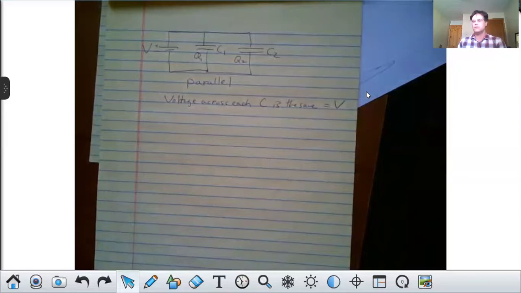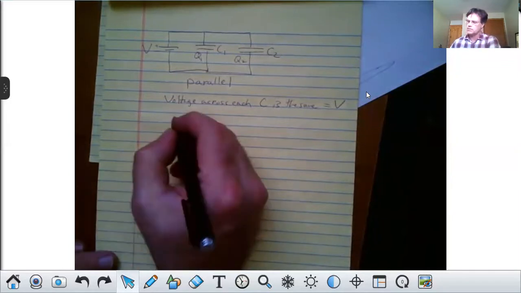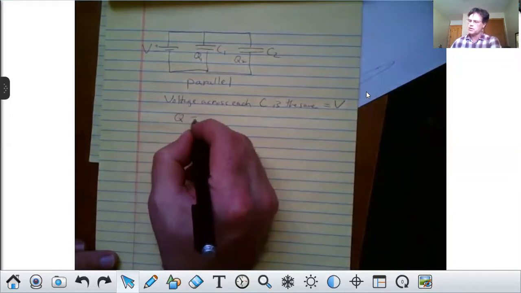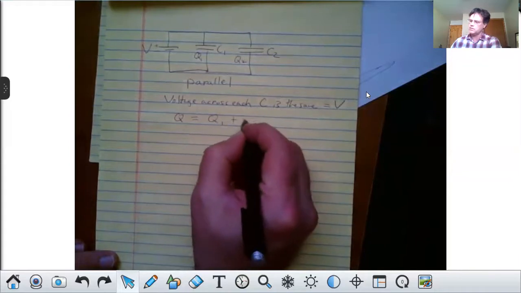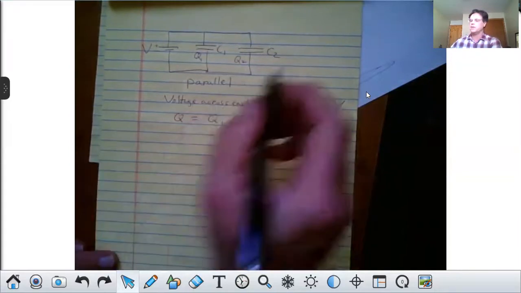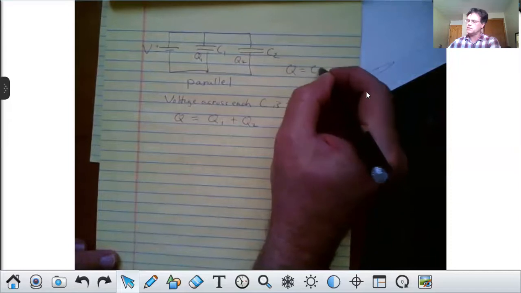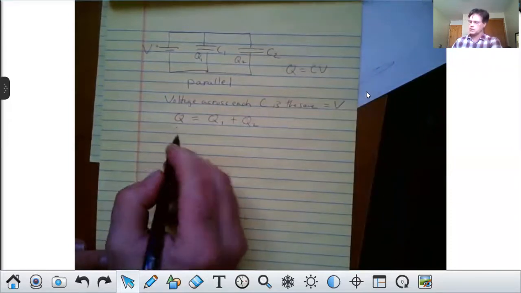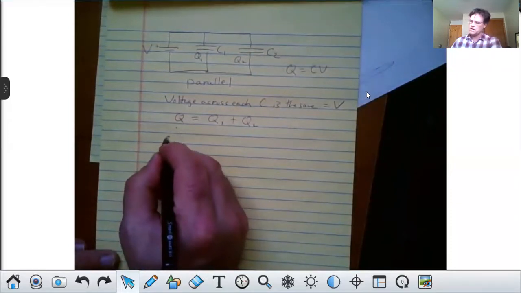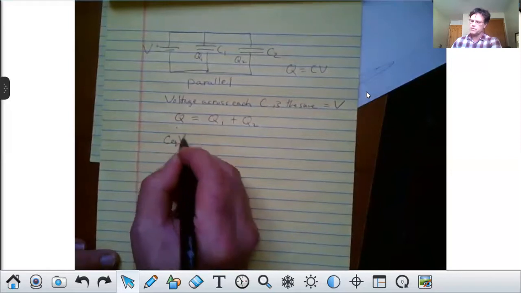Since the voltage across each is the same and the charge is not, the total charge has to equal Q1 plus Q2. Let's remember again that Q is equal to CV. So our total charge Q is our equivalent capacitance times the battery voltage.